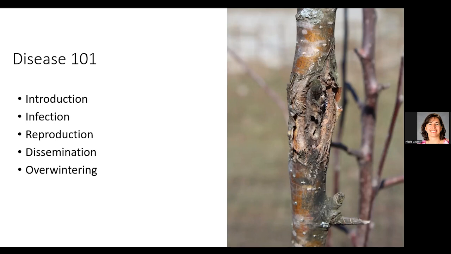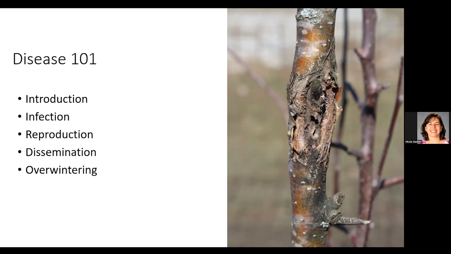Okay, so we start with the pathogen being introduced onto a site, then it has to infect your plant. In order to infect a plant, the plant must be susceptible, and the environmental conditions must be optimal for that pathogen.